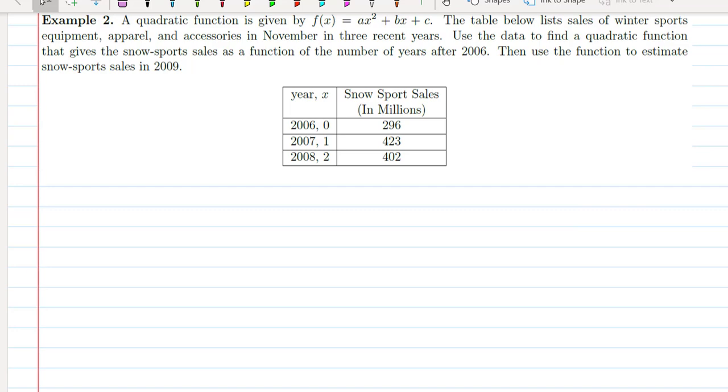So this is an input-output table. So it tells us that in year 2006, which is our input, is 0. So that says f of 0 is going to have the corresponding output 296. When I put in 1, f of 1 has the corresponding output 423.